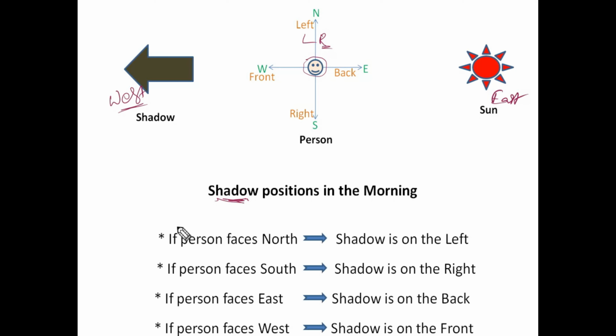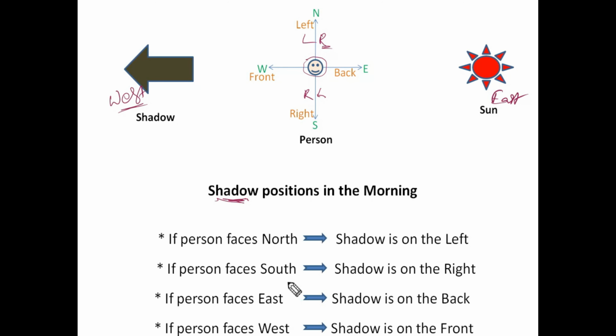So if person is facing north, shadow is on his left. Suppose if person is facing south, this is the right side and it is the left side. So sun is on the left side, but here we are seeing the shadow position. That's why shadow is on the right side.